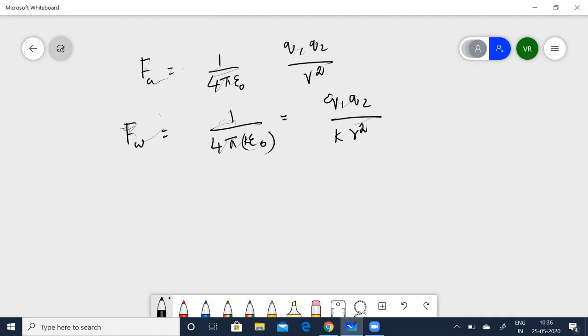The distance is the same. Dividing FA by FW, everything gets cancelled.